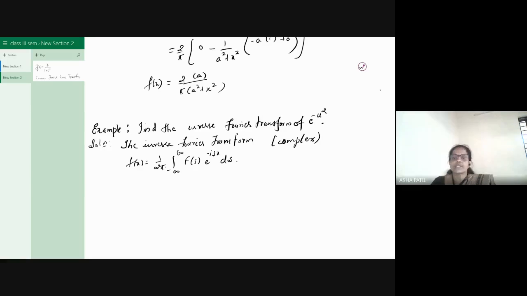So Fourier transform or complex form of Fourier transform, both are the same. Now, what is the parameter used instead of s? We find the inverse Fourier transform of this function, so instead of f of s, it is f of u here. So the parameter used is u. Shall I write in terms of s or in terms of u?